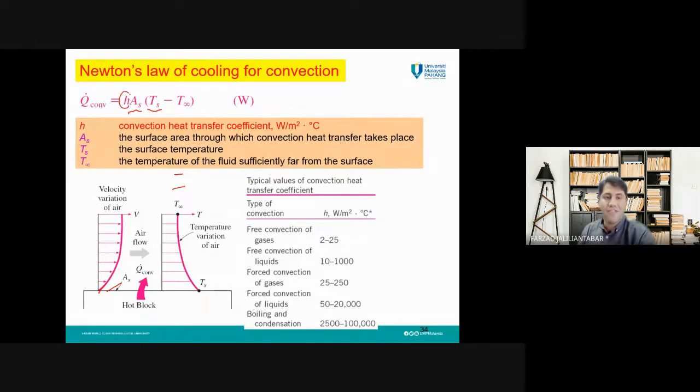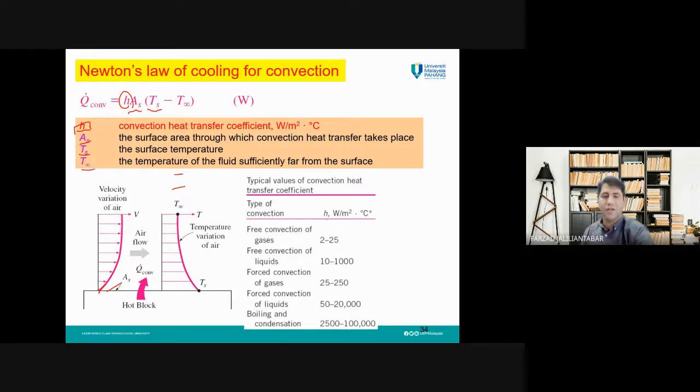And we have a new parameter here, the convection heat transfer coefficient, h, whose unit is watt per meter squared times degree Celsius. Very important parameter. And for convection, we usually need to find this. The question in convection heat transfer is mainly related to h. We need to find h usually. You will see also in the examples. And I told you about As, Ts, and T infinity.